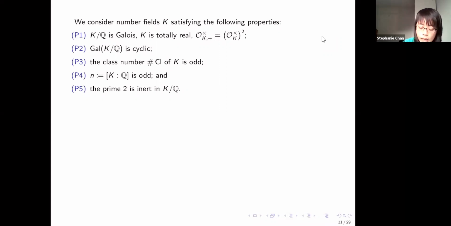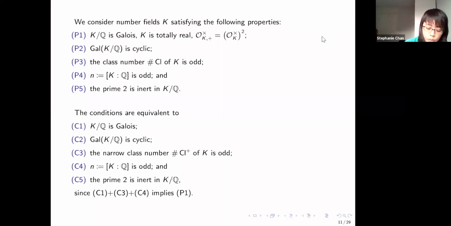So we can also restate these conditions in a slightly cleaner way. We can remove the totally real and totally positive units being squares from the conditions, because this is implied by these other conditions here.